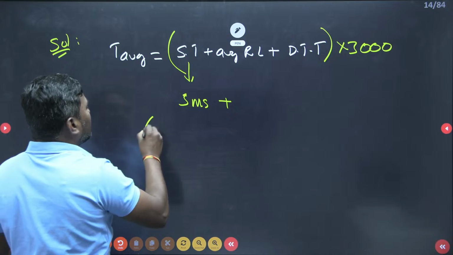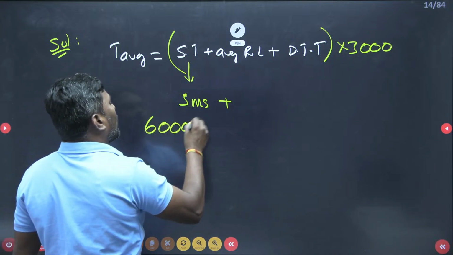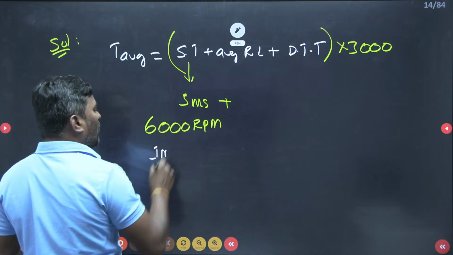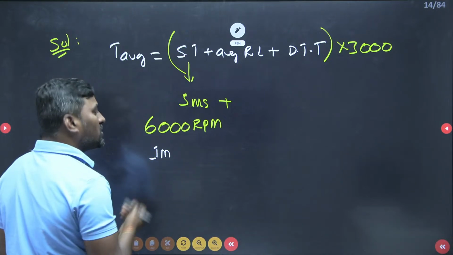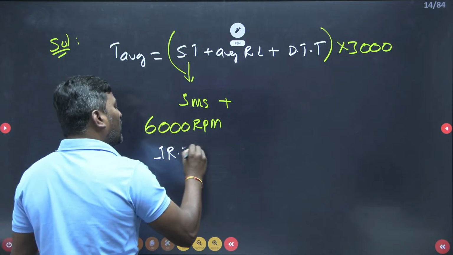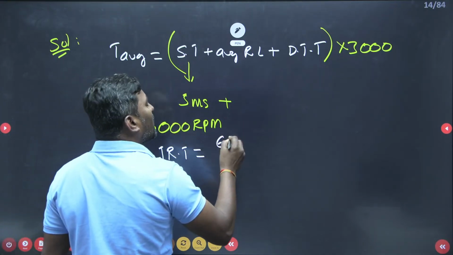Now the disk is moving at 6000 rotations per minute, right? Suppose if I ask you 1 minute, how many rotations? 6000. But I need only one rotation time. One rotation time equals 60 seconds divided by 6000, since 1 minute is 60 seconds.